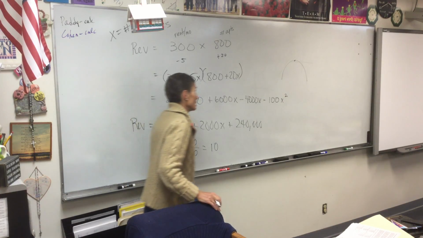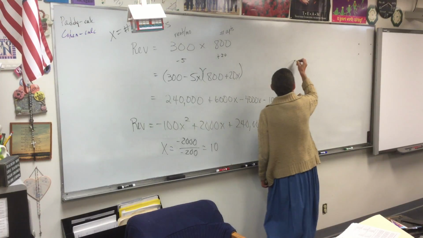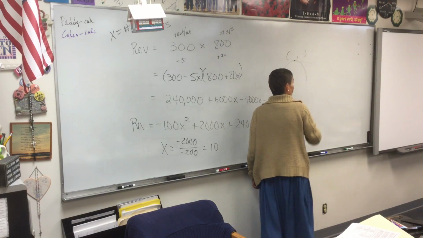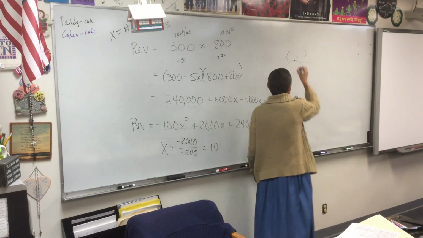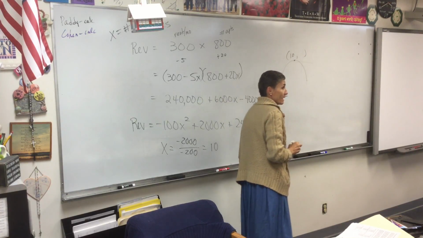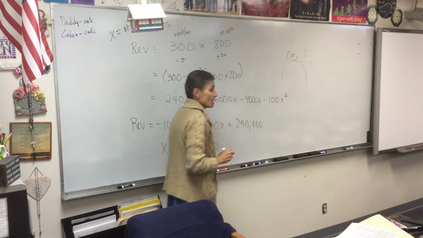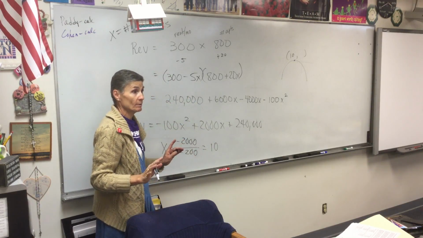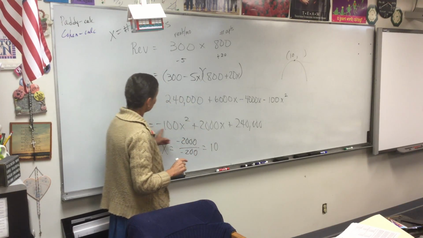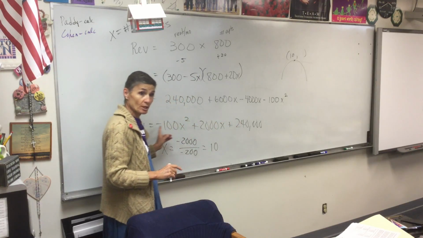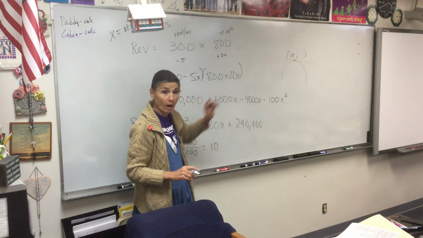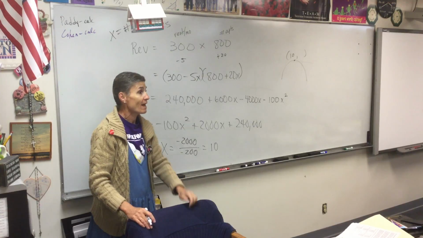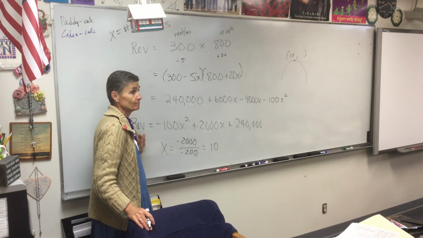Now, notice that I didn't actually find my whole vertex. I found that the x-coordinate was 10. What if I would have plugged 10 into my equation and gotten my y value? I didn't need to in this problem. What would that y value have represented?